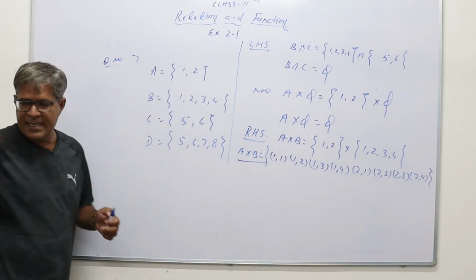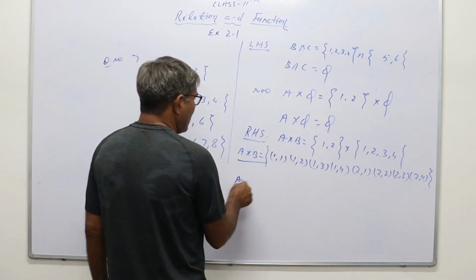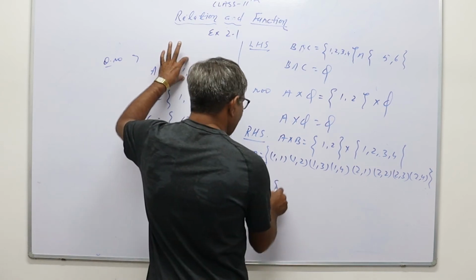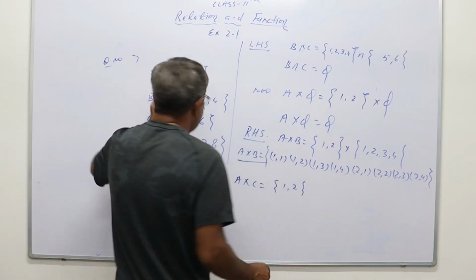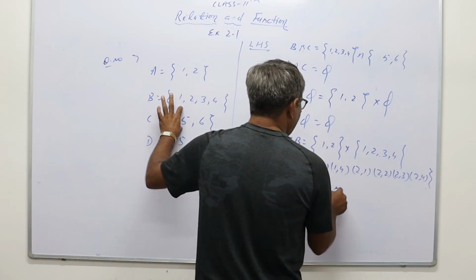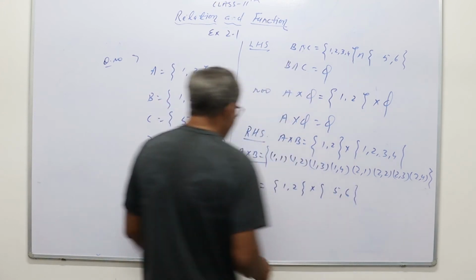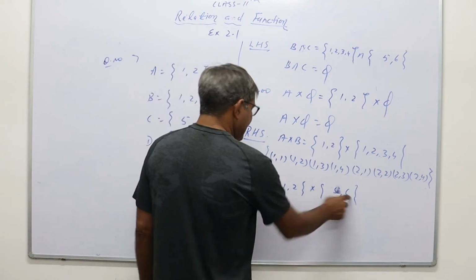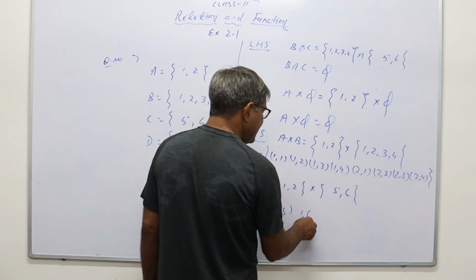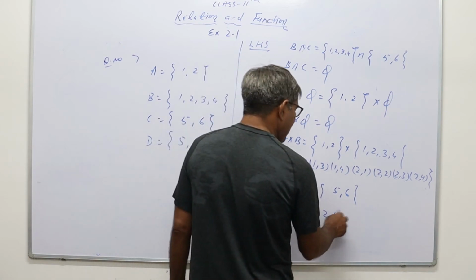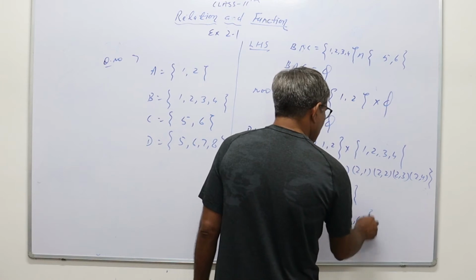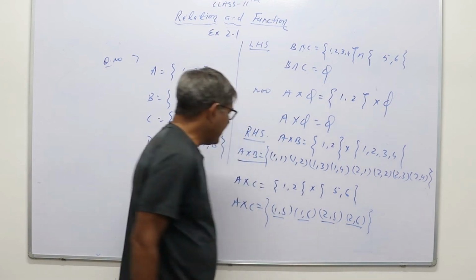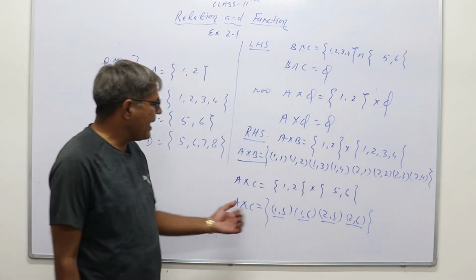A has elements 1, 2 and C has elements 5, 6. So A cross C will be equal to (1,5), (1,6), then (2,5) and (2,6). These are the total 4 ordered pairs, which are not a subset of A cross B.